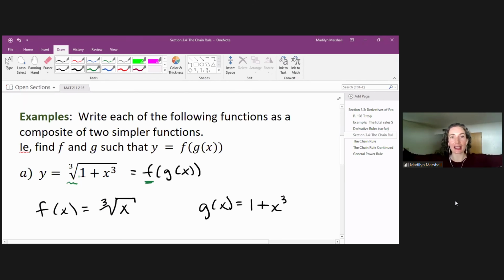If we go from the outside in, looking into this function, the cube root is the first thing that we hit, so that's the outside thing. And x is really just a representative of whatever we're plugging in. Whatever we're plugging in is the g of x part, which is the inside.